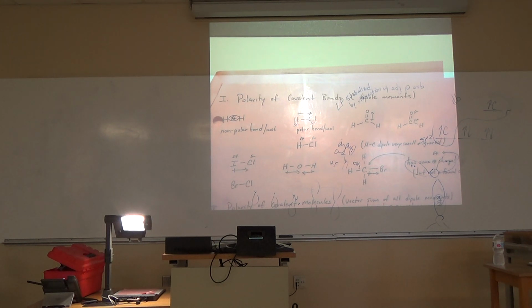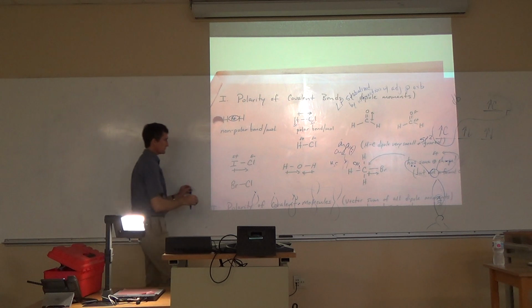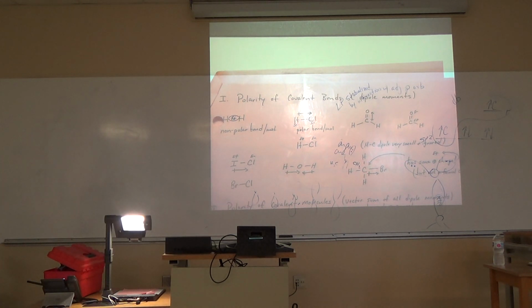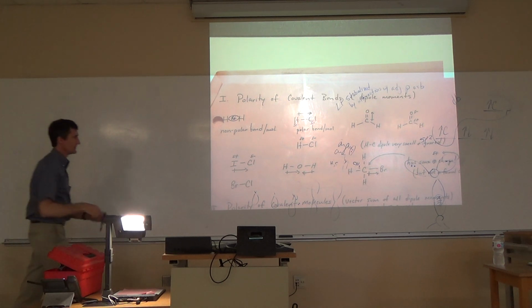Chlorine's more electronegative, so it pulls. You know what pulling is, right? Instead of us being nicely, friendly bonded here, it's like, well, you're going to pull. So you're more electronegative. That's what it is.